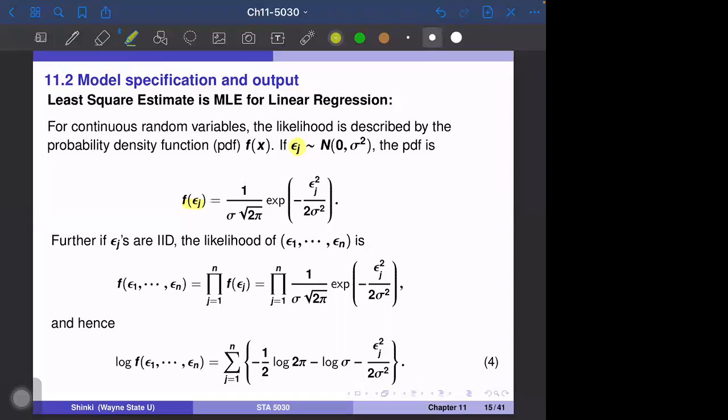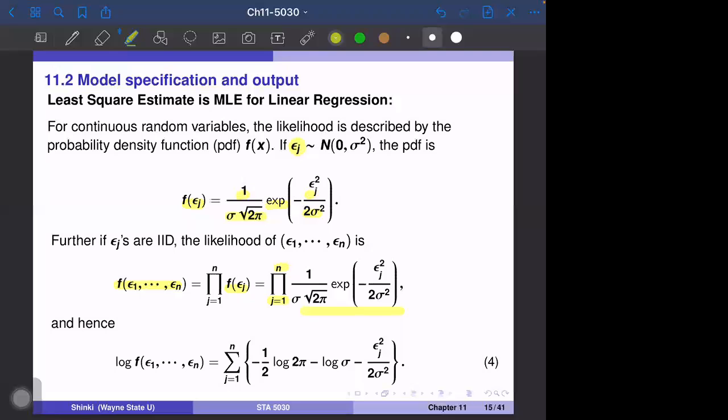Since this is a normal random variable, it has the density 1 over sigma times square root of 2 pi times exponential of minus epsilon j square over 2 sigma square. If we have n terms, then that is the product for j equal to 1 to n of this function.